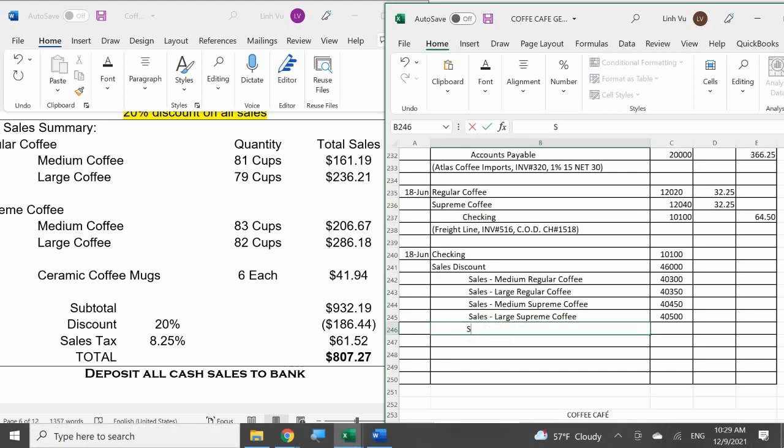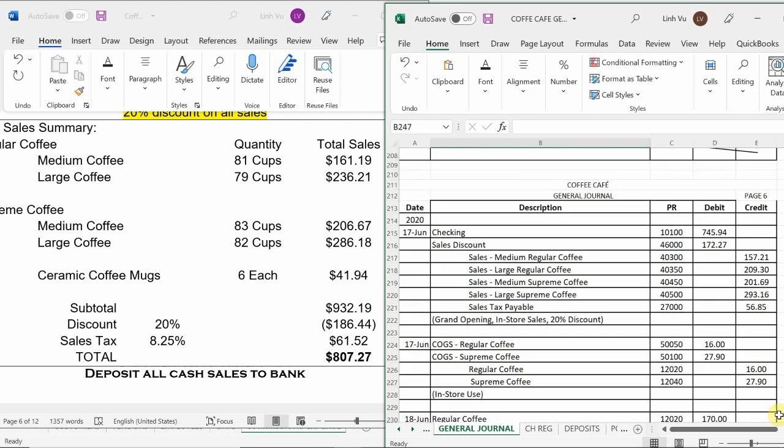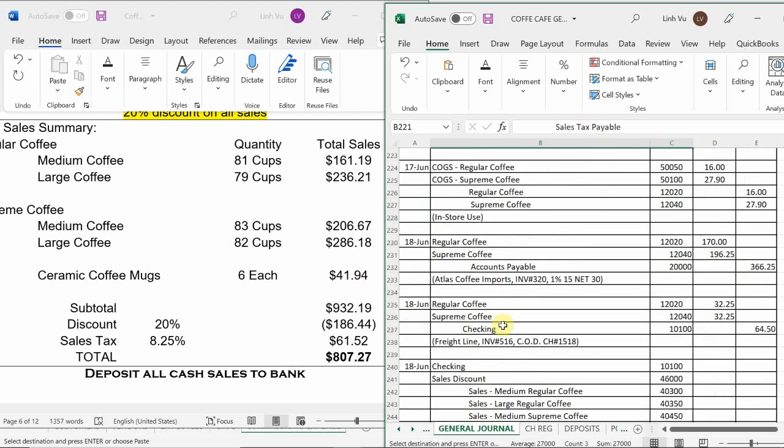So I can put sales, ceramic coffee mugs. Okay. And of course, I'm also going to copy the sales tax here. And I'm also even going to copy the description saying it is a grand opening sale. It was for 20%. Okay, but this time it's on a different day.